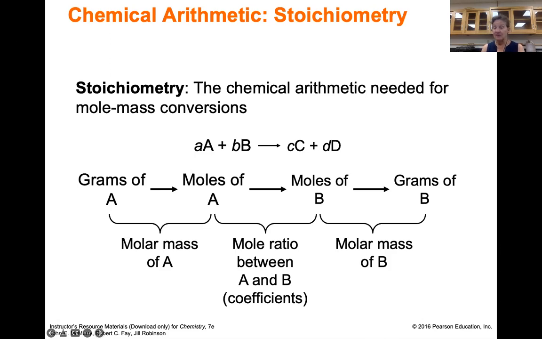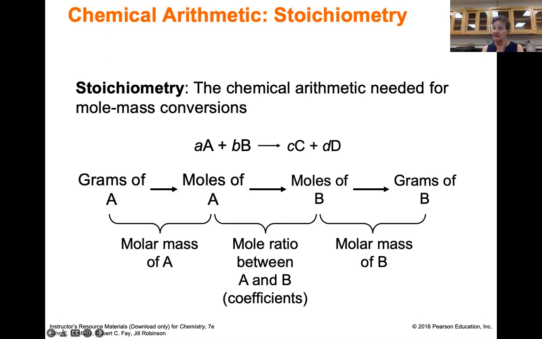So if we start out with the number of grams of A and we want to figure out how much B you'd need, you have to first convert the grams of A to the moles of A. Once you get the moles of A, then you can relate it to the moles of B by that stoichiometric ratio. So if little a and little b are both 1, then your mole ratio between A and B would be 1.